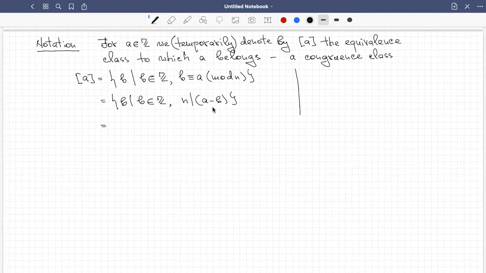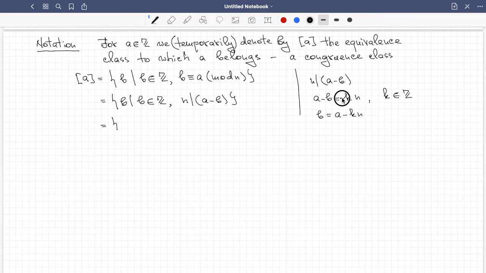What does it mean? a minus b is divisible by n. n divides a minus b means that a minus b is kn for some integer k, by the definition of divisibility, which means that b is equal to a minus kn. Minus or plus here does not matter.